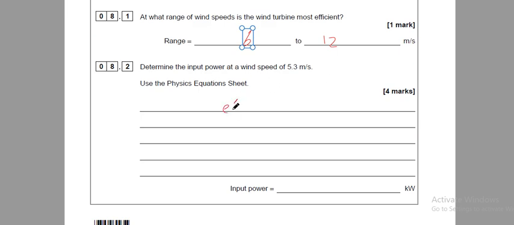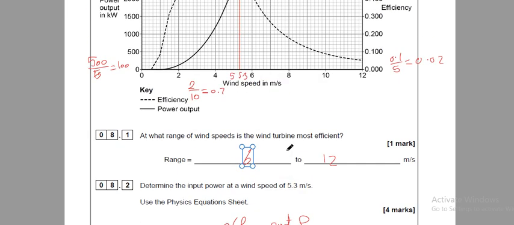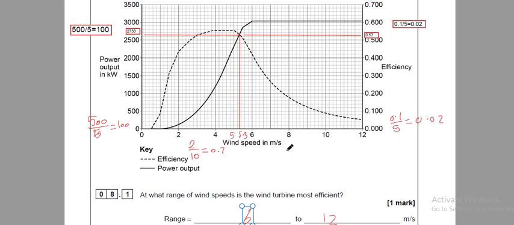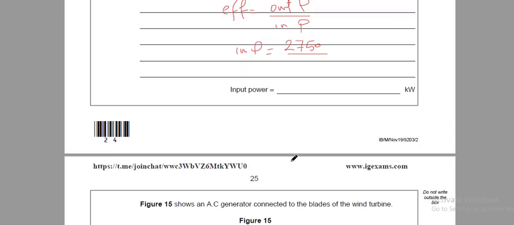We know that efficiency is output power over input power. So input power will be the output, which is 2750, over 0.53.